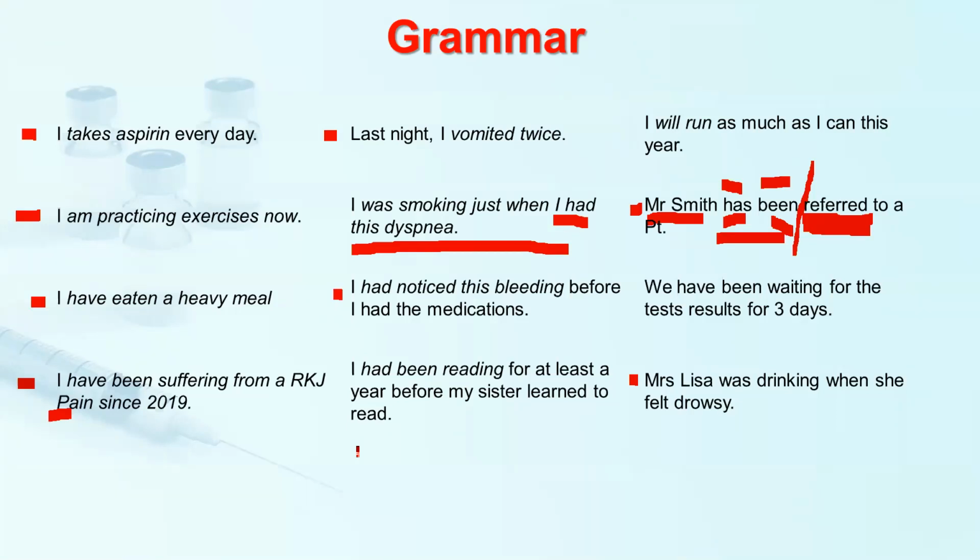It means that the action started in the past, and the second action occurred in the past. Here, this is the difference between the past continuous and past perfect continuous.